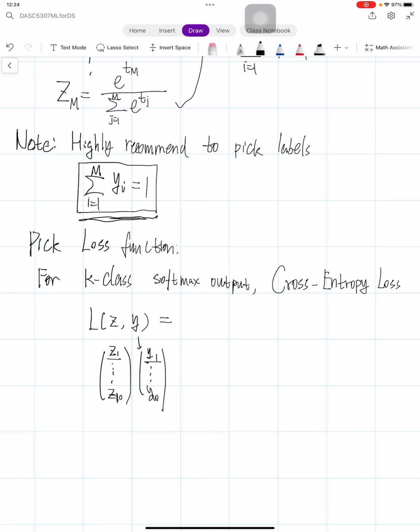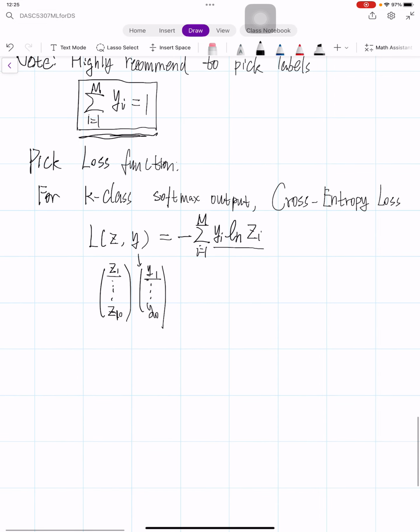Cross entropy loss equals negative summation of yi times the natural log of zi, i from 1 to m. For each of the class labels, you check this entropy loss, which measures the similarity between yi and zi.